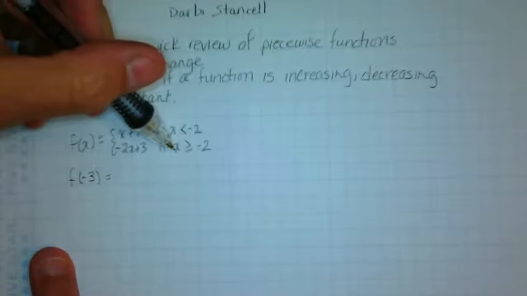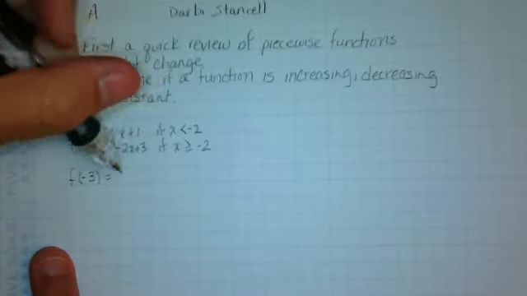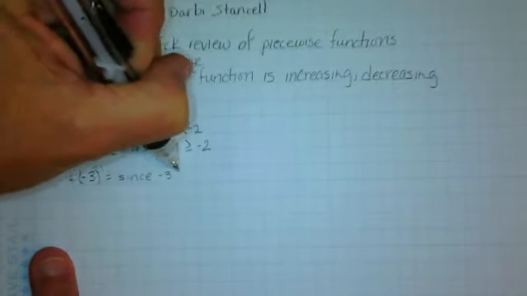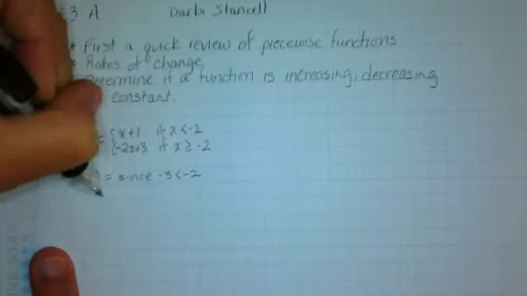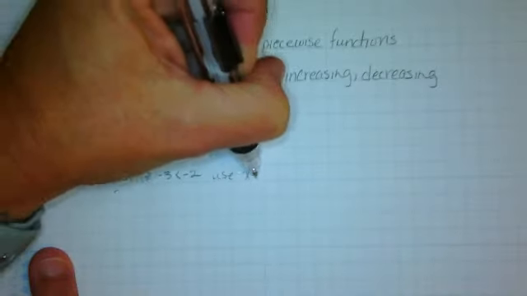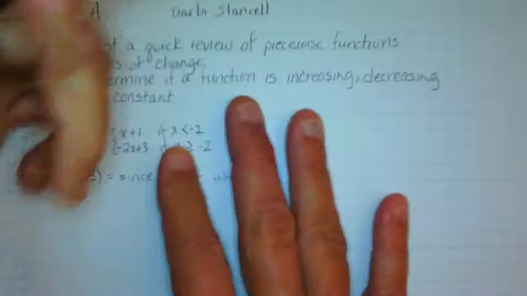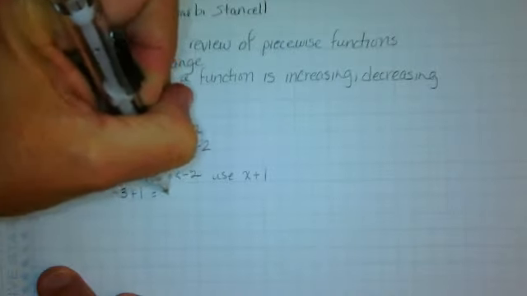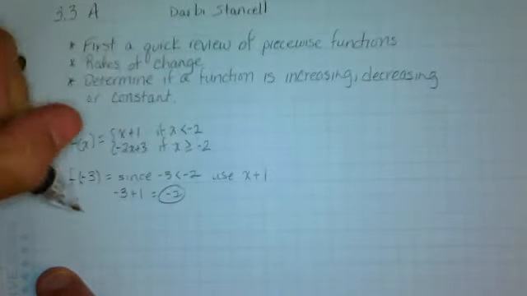So if I said find f of negative 3, then you need to think, well, is negative 3 less than negative 2 or is it greater than or equal to negative 2? Well, since negative 3 is less than negative 2, you're going to use x plus 1. So you'll just put your value in, and it's negative 2.